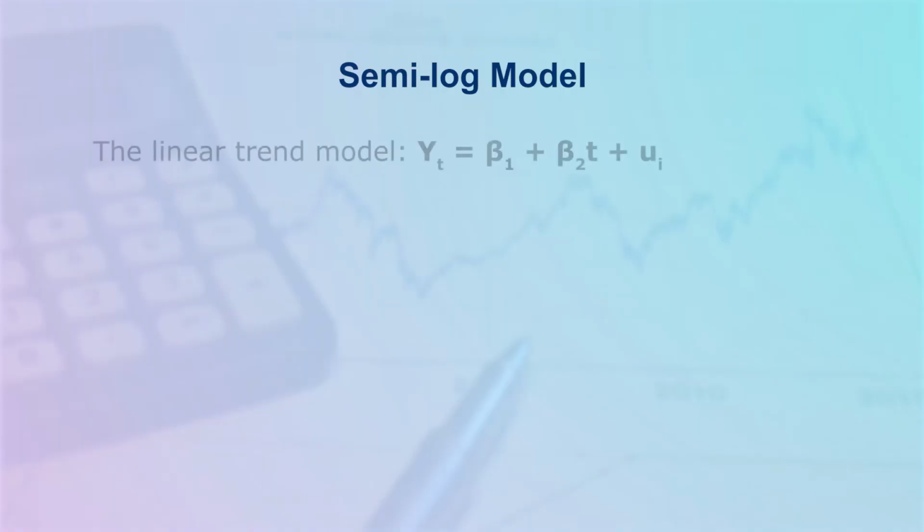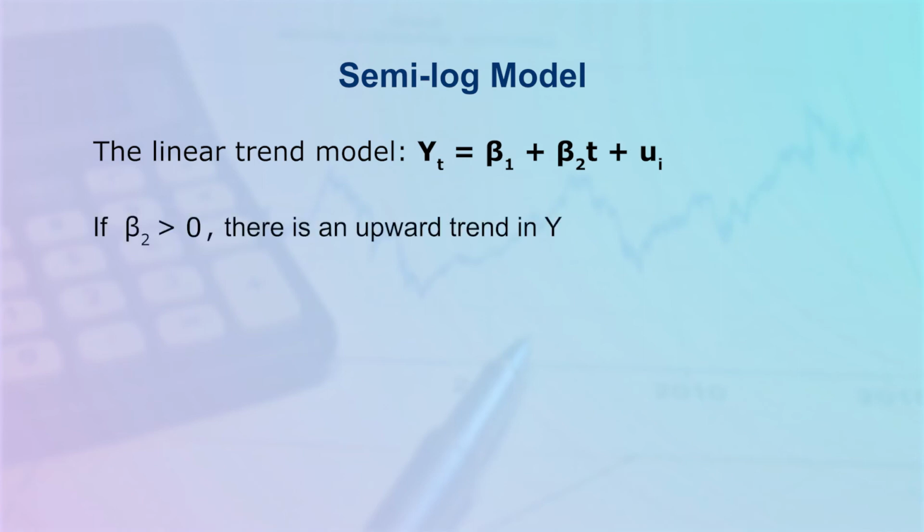Now if we refer to this semi-log model and want to interpret the direction of the relationship, depending upon the sign of the slope coefficient, which is beta 2, we can see whether y has an upward or rising trend, or a downward or declining trend, depending upon whether beta 2 is positive or negative.